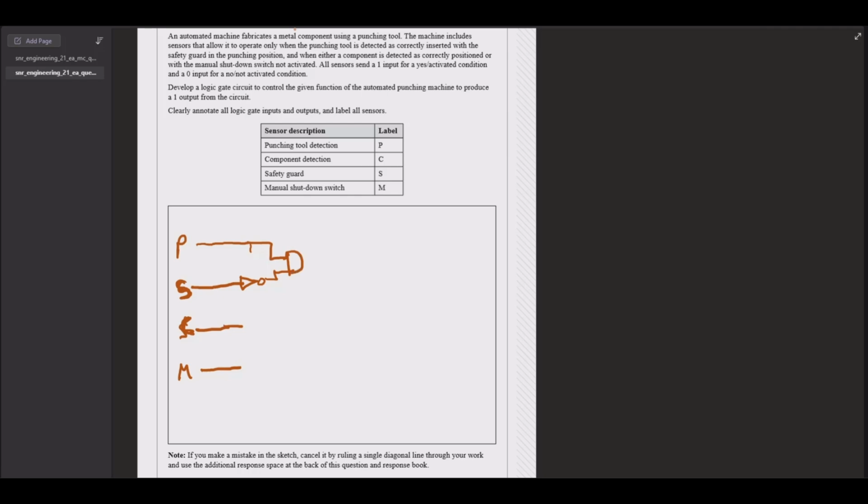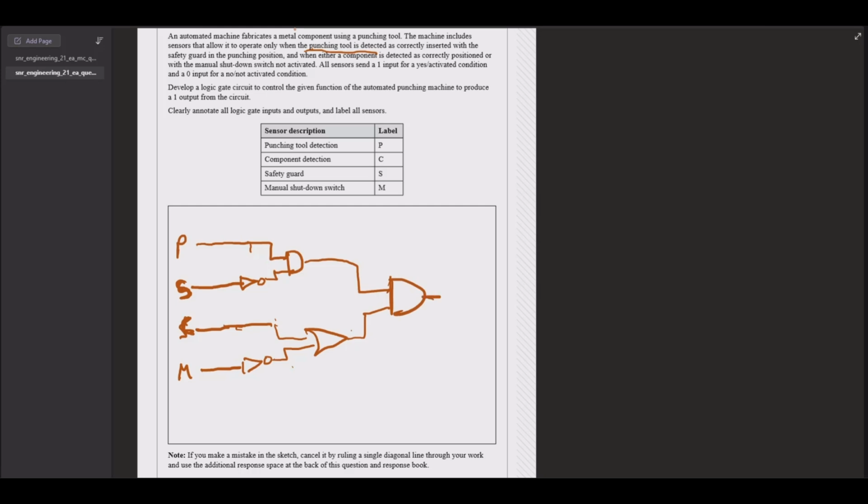So this gate here is going to activate when P is on, punching tool is on, and the safety guard is in the off position. And that's going to be our first part. Put a NOT gate here so that the manual shutdown switch is not activated. And then we're going to have an OR gate. And these two have an AND connecting them.